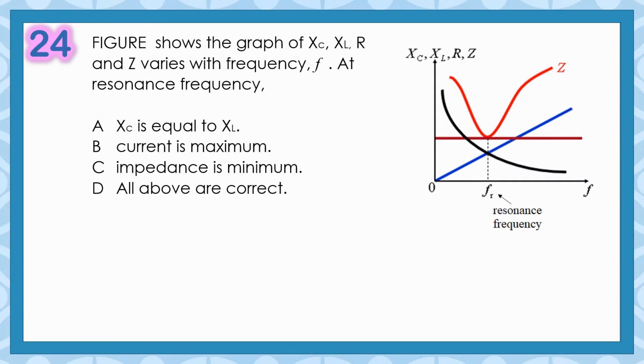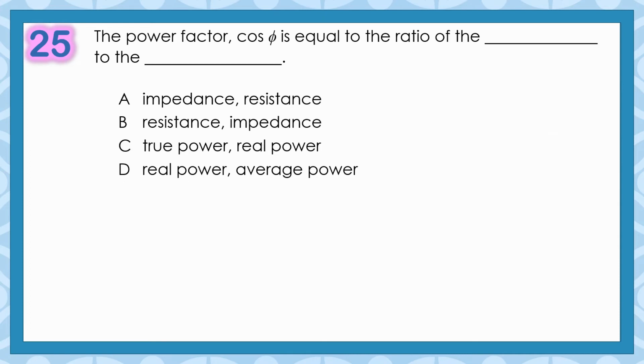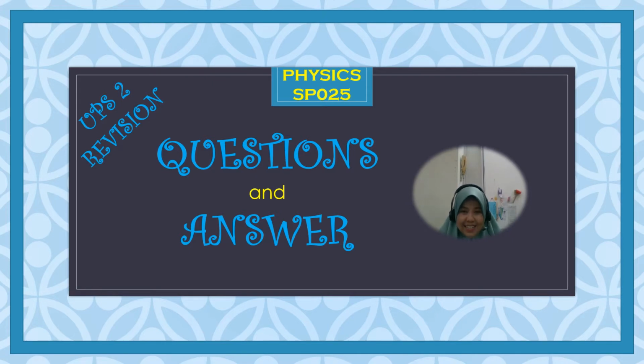The figure shows the graph of XC, XL, R and Z varying with frequency f. At resonant frequency? And last, question number 25. The power factor, which is cos phi, is equal to the ratio of the dash to the dash. Now we will discuss the solutions for the best answers to these objective questions.